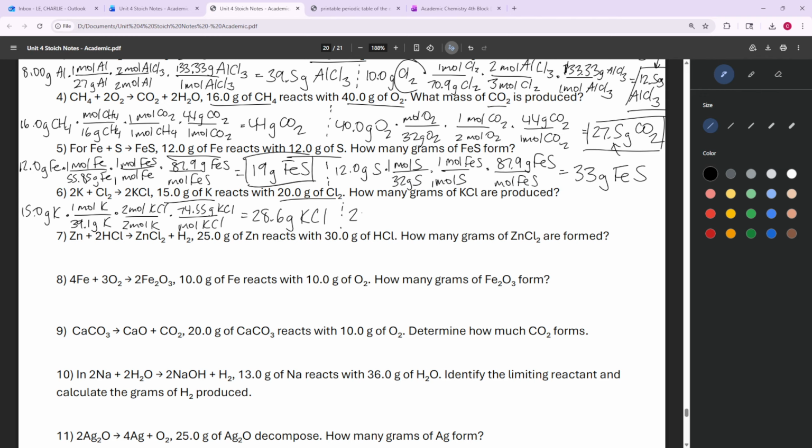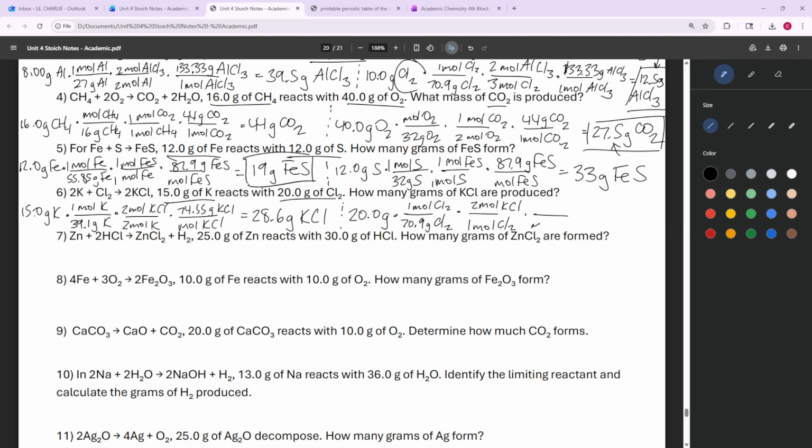And if we start with chlorine instead, 20 grams of chlorine times, for every 70.9 grams of chlorine, we get 1 mole. And then for every 1 mole of chlorine, we get 2 moles of KCl.